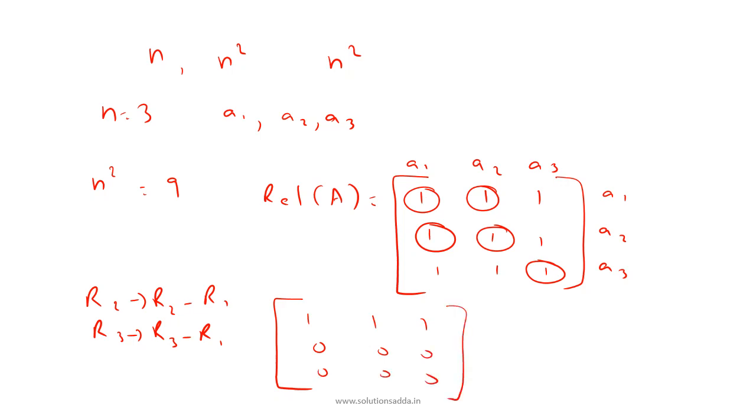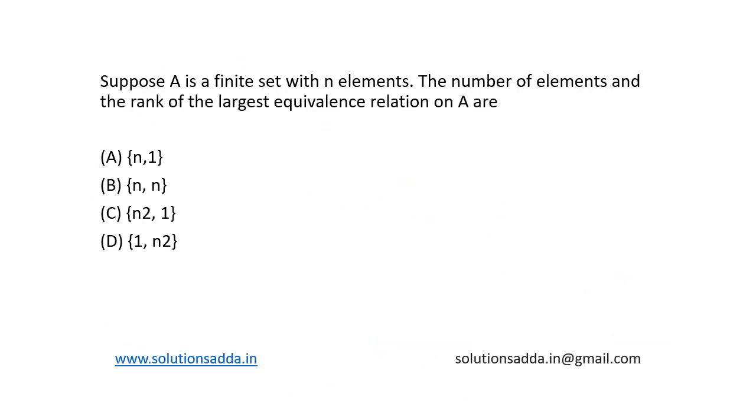So this means that rank of this relation matrix is equal to 1. Now what is rank? Rank of an equivalence matrix is the number of equivalence classes induced. Here only one equivalence class is there. So as a result, rank is equal to 1 and the number of elements in the largest possible equivalence relation is n square. So the correct answer is option C, n square, 1.